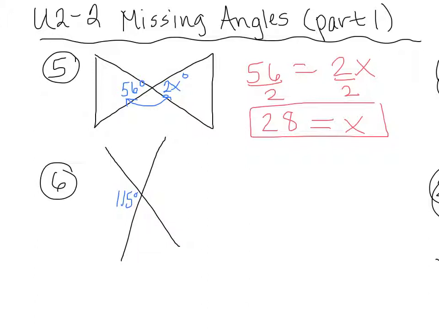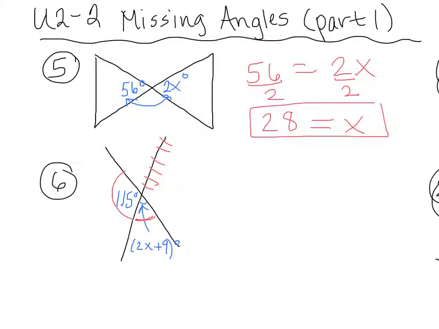And then let's say this angle in here is labeled 2x plus 9 degrees, and you need to solve for x. First of all, there's only two angles that we really need to worry about, the ones we have information about: this obtuse angle and this acute angle here. So you can almost mark out this line. It's just extra, and we don't need to focus on that at all.